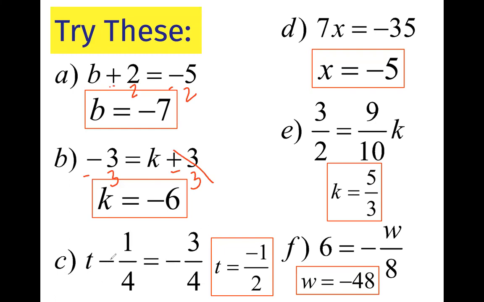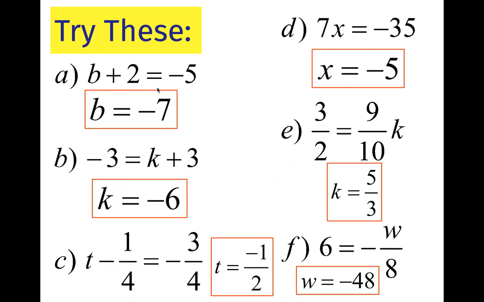For C, we're given t minus 1/4 equals -3/4. Let's add 1/4 to both sides, since the subtraction of 1/4 is keeping t from being by itself. If you add 1/4 to -3/4, you get -2/4, and that reduces to -1/2, so t equals -1/2.